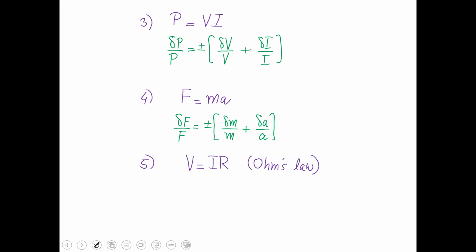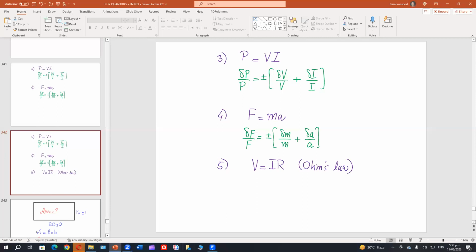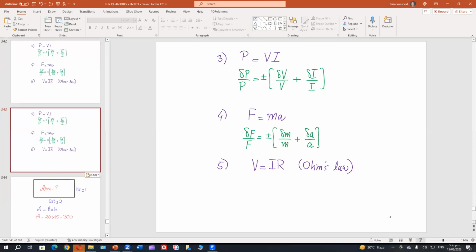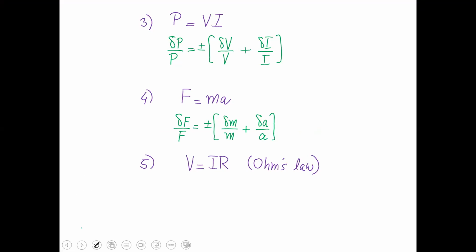Copy this. So can you help me write down the uncertainty equation for this Ohm's law?